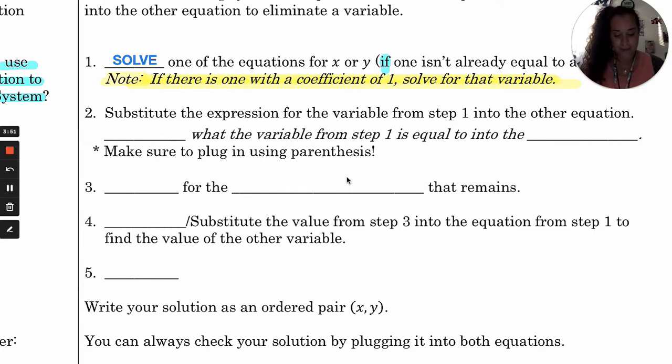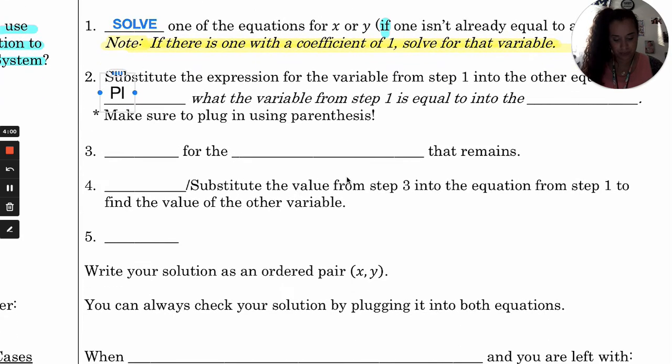Step 2, substitute the expression for the variable from step 1 into the other equation. So we're going to plug in what the variable from step 1 is equal to into the other equation.